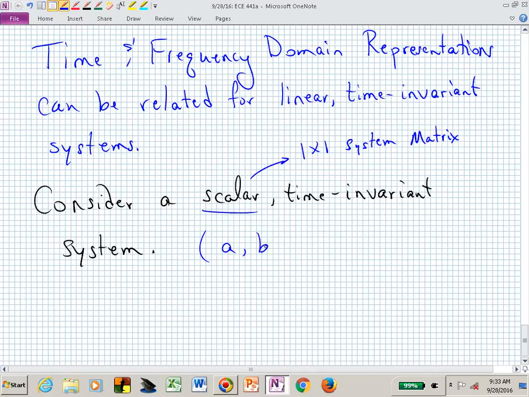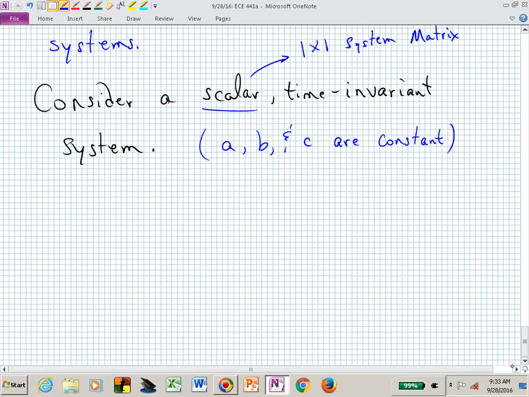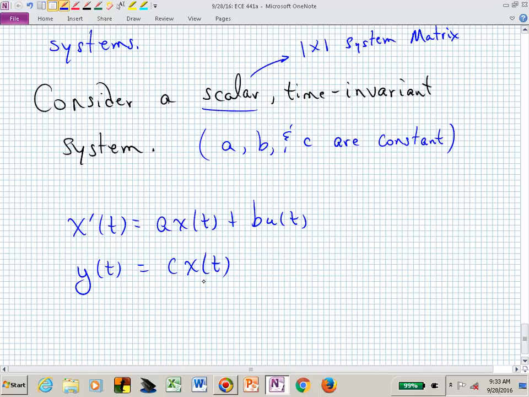Or we're now looking at our A, B, and C being constants. And so I'm labeling those with just lowercase a, b, and c so that our state space representation looks like x prime is equal to a x of t plus b u of t, and y of t is equal to c x of t.